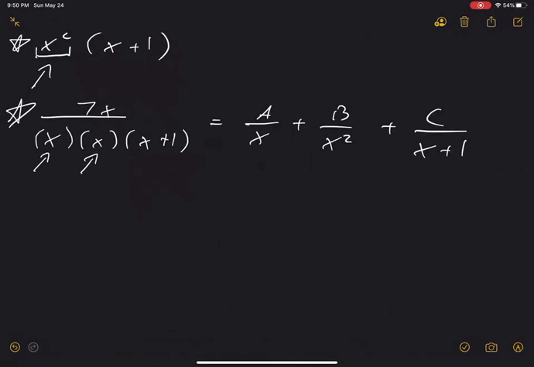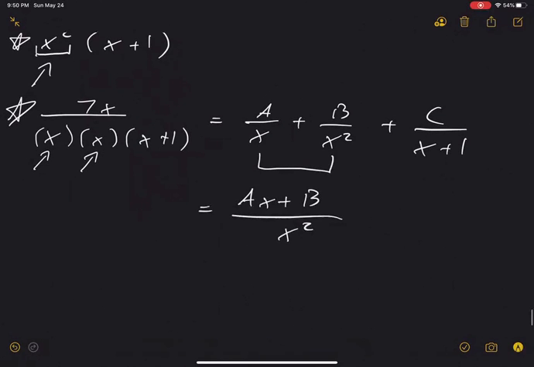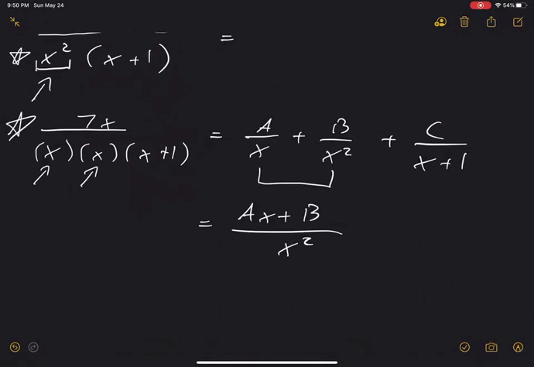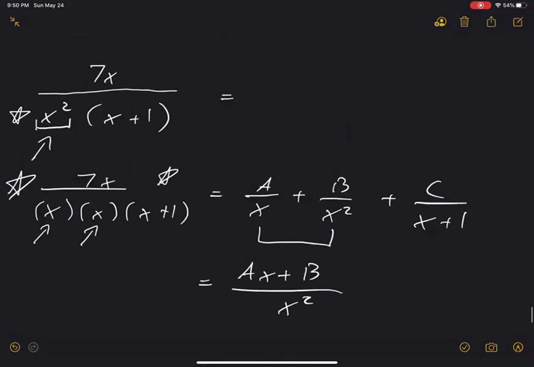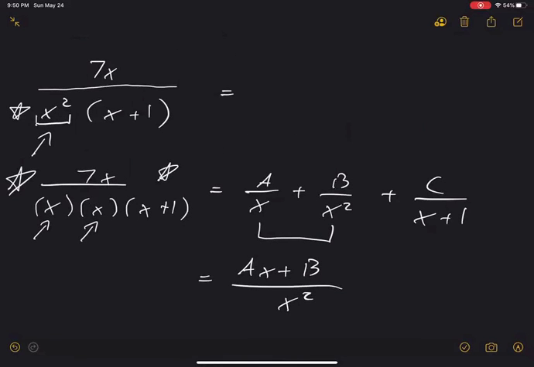Because these two, think about common denominator, these two could be combined as this. And this is how I would have set it up if I viewed it as an irreducible quadratic. So it works out the same way, but I like this way a bit better. You could do it either way. I think that's my only caveat for this section. Again, more examples to come in the problem video.